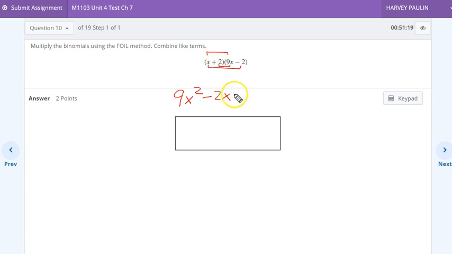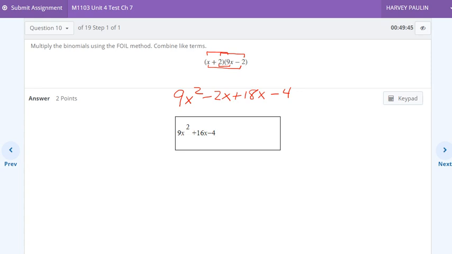Inners, a positive 18x. And last, a negative 4. Now we're going to group like terms in the middle and put our answer in.